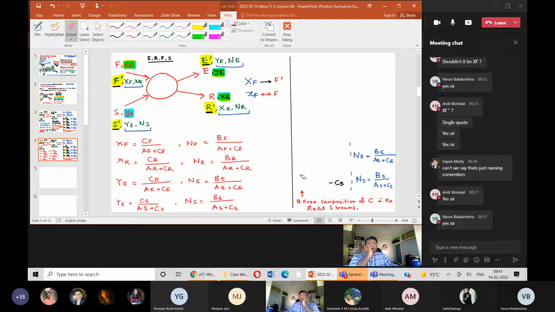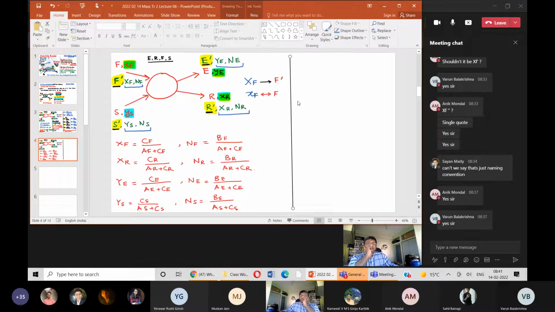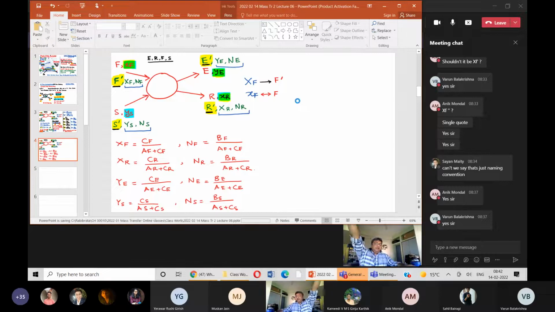And now, out of these 8 entities, I guess the class now understands what is capital X or Y. It is the C fraction on a B-free basis in the real stream. And what about N? N is the B fraction on a B-free basis in the real stream. Now, amongst these 8 entities defined, 3 have values you can calculate.